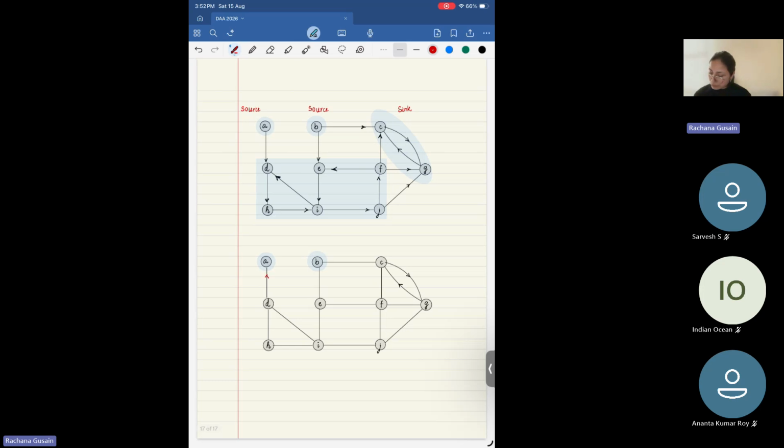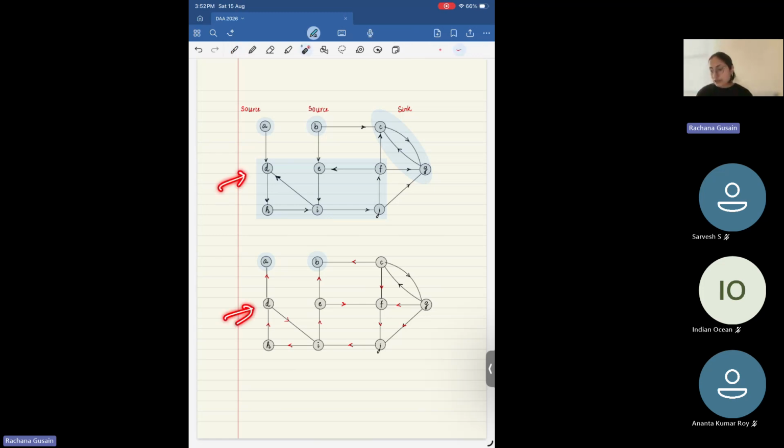For every edge, I'm going to reverse its direction. And now you will see something interesting happening. So I was given this graph.